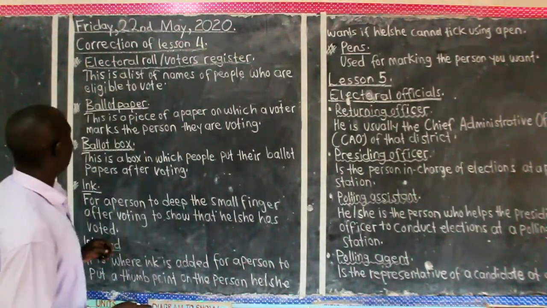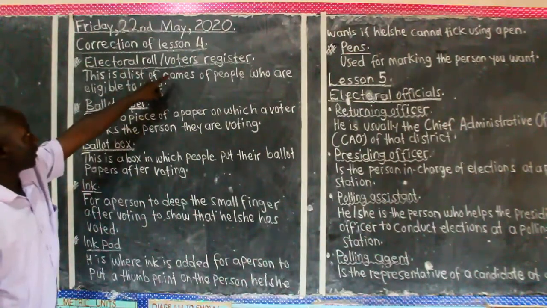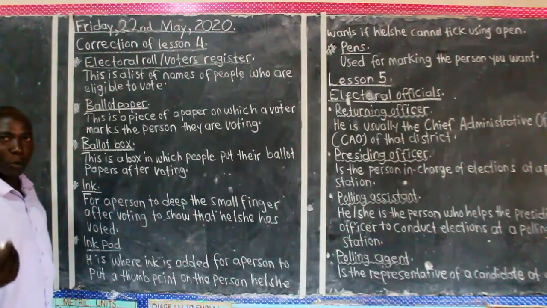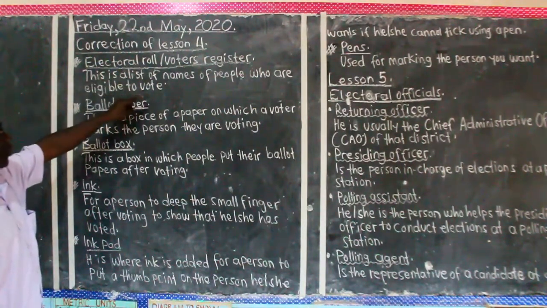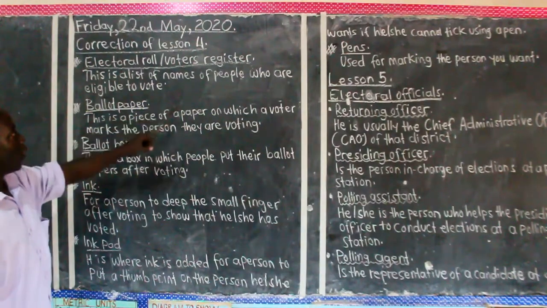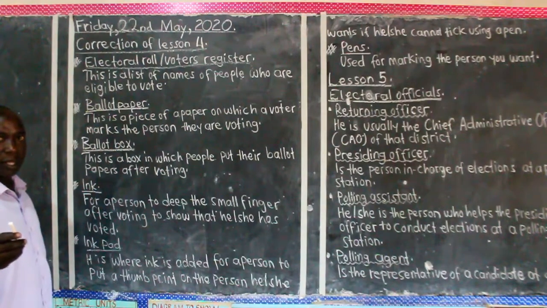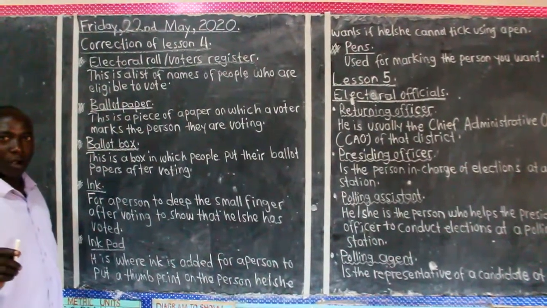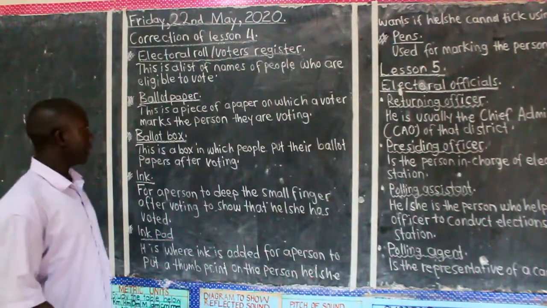Those election materials include the electoral or voters register. What do we mean by a voters register? This is a list of names of people who are eligible to vote. Remember what I told you, someone who is eligible to vote is the one who is registered with the Electoral Commission, referred to as an eligible voter.